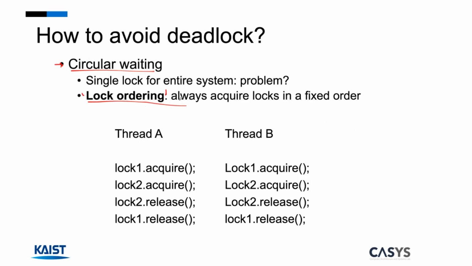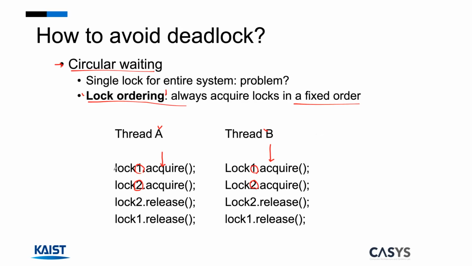In every thread, when holding locks, there is a fixed order. So thread A and thread B always hold locks in increasing sequence. By having locks this way, once thread A holds a lock, thread B cannot hold a lock too, because it requires holding lock 1 first.